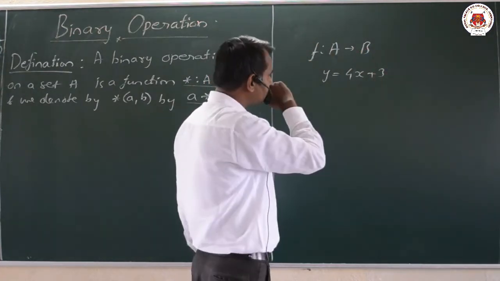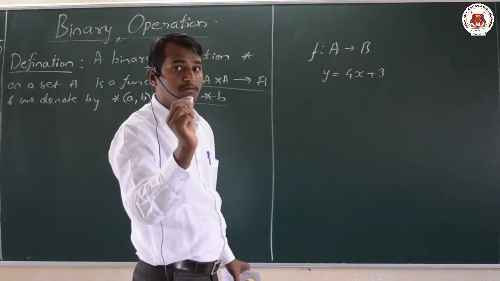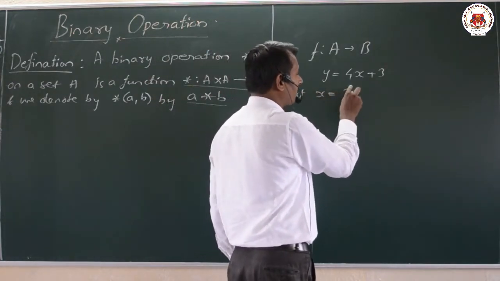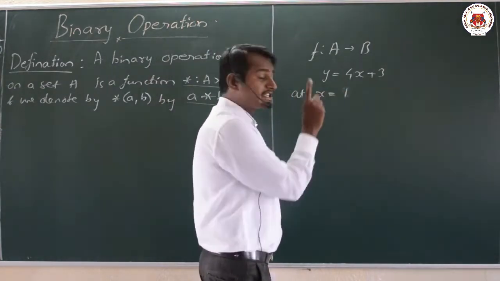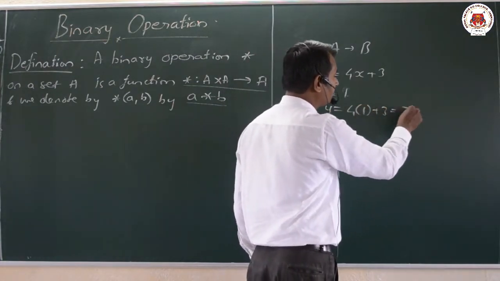Here we will give the input. Pay attention a little bit to the word input. At x equal to 1, what happens to y? 4 into 1 plus 3, the value is 7.